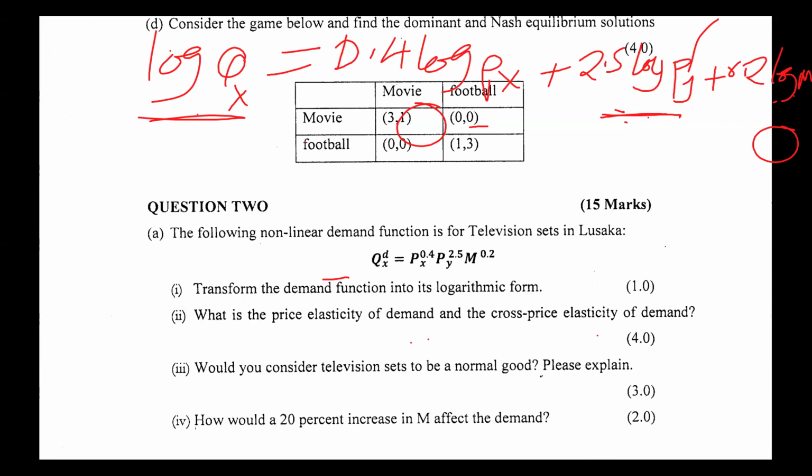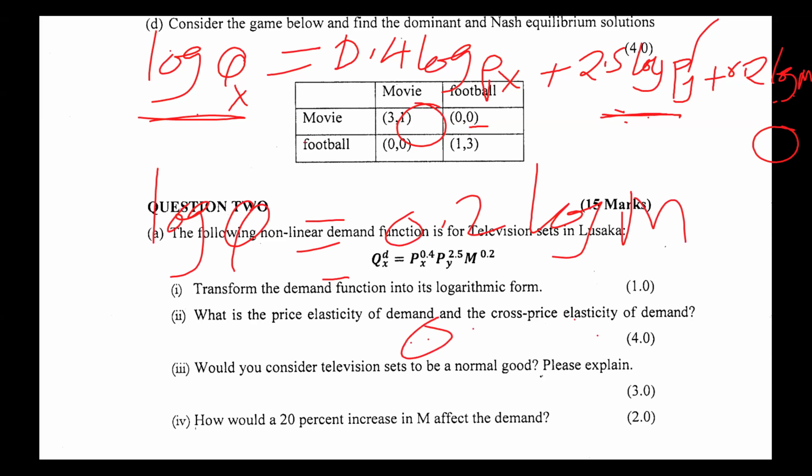We are now going to consider the income. So we take the derivative with respect to income, isn't it? Log Q is equal to 0.2 positive log of M, right? So obviously the marginal effect is 0.2 positive. And is this a normal good or an inferior good?